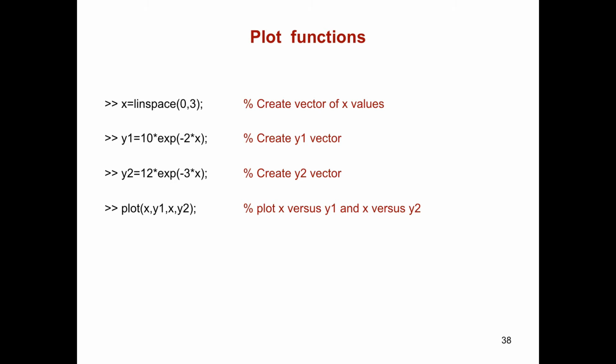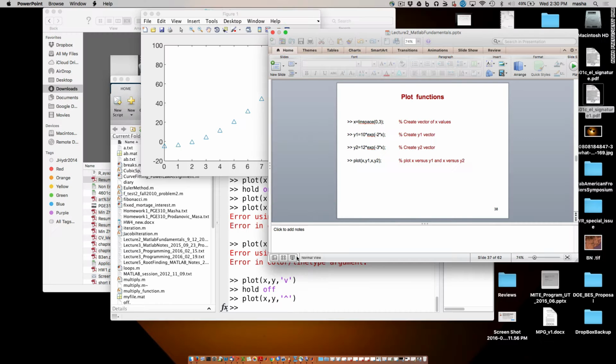I changed the x values, and this is by default going to do 100 points between 0 and 3 because I didn't specify how many. So we're going to get a much denser number of points in the interval. And then I'm going to create 2 exponential vectors. And I can plot both of them at the same time.